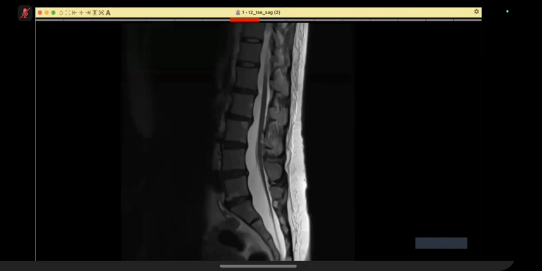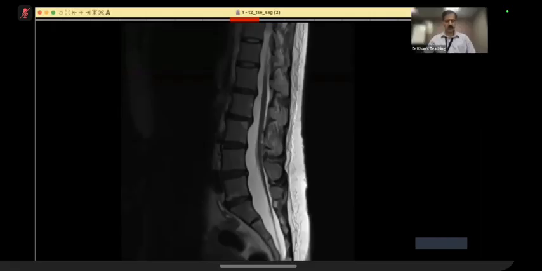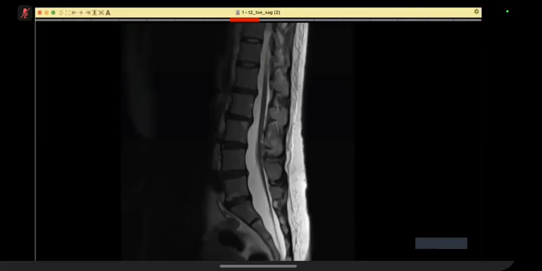That is at the lower part of L1 or upper part of L2, the normal position of the conus medullaris. So give me your conclusion. I'll be thinking of neurofibromatosis with tethered cord, sir.